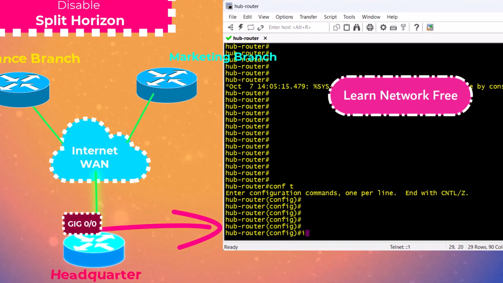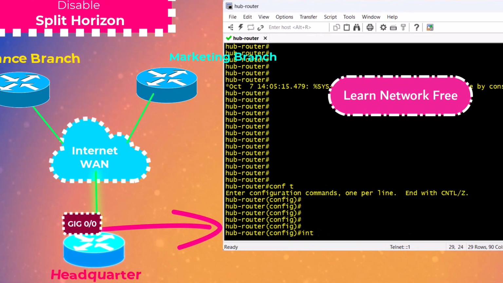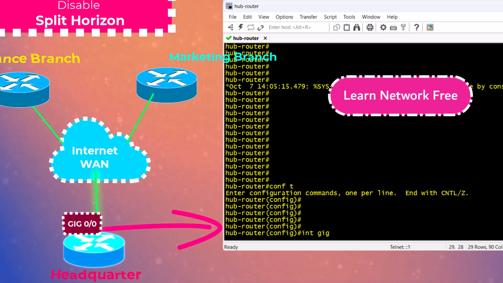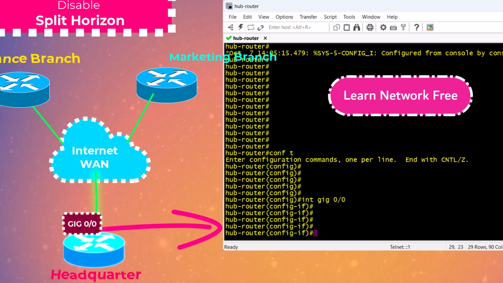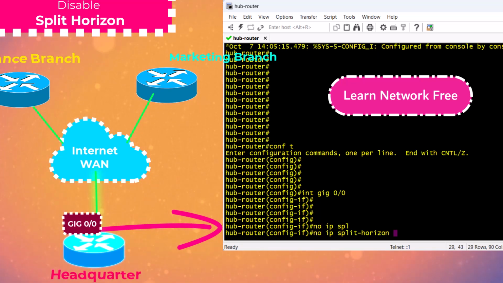In this case, for example, interface gig 0/0 is connected to the internet, and then we use the command no ip split-horizon. Listen guys, we input no because, as I told you in the previous section, split horizon is enabled by default in EIGRP.